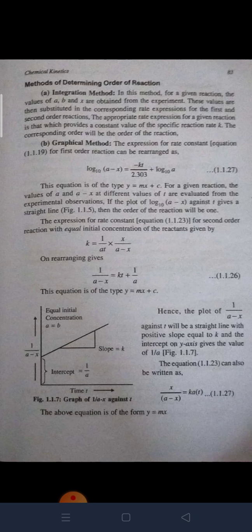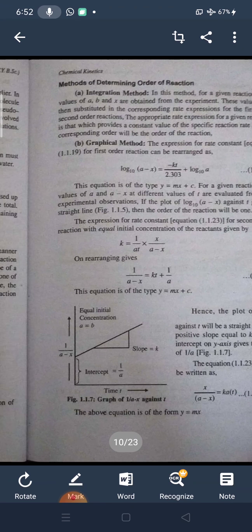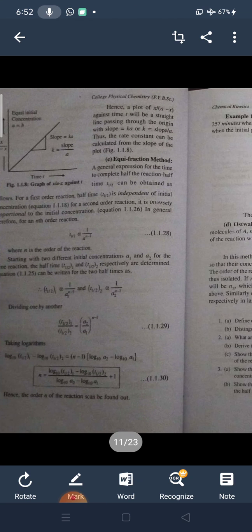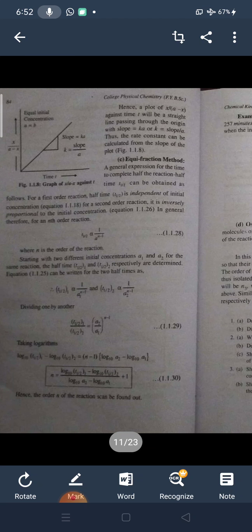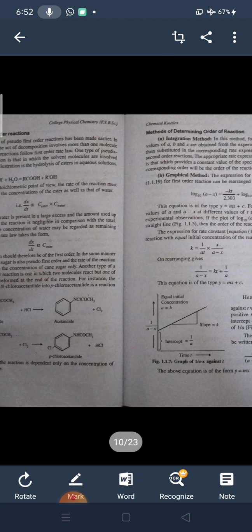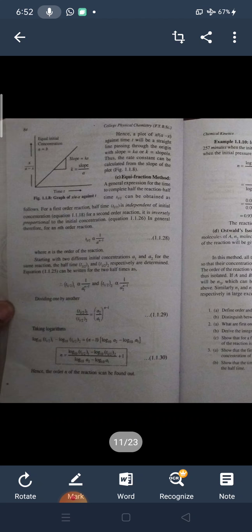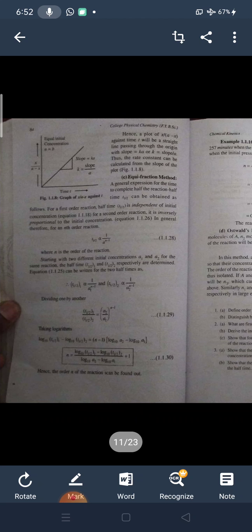After plotting, you will get a straight line graph with a negative slope related to k, and the intercept on the y axis will give you log a. If you modify the above equation, you will get such a graph, which has been shown here again.